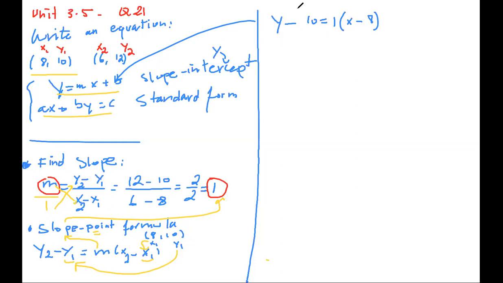What do we need to do here in order to get the y by itself? Okay, we can do a couple of things. What's the first thing we need to do? I was going to say divide, but I don't think we divide yet.